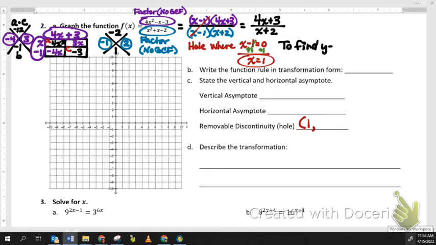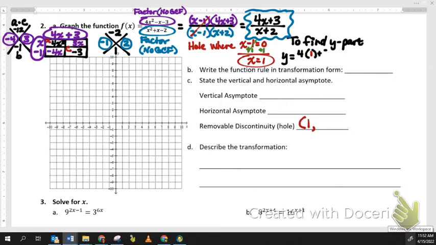Where do we sub it? We're going to sub this 1, the x part of the ordered pair, into what we have left over. So that 4x plus 3 over x plus 2, everywhere we see an x, we're going to sub a 1 in. Y equals 4 times 1, plus 3, over 1 plus 2.